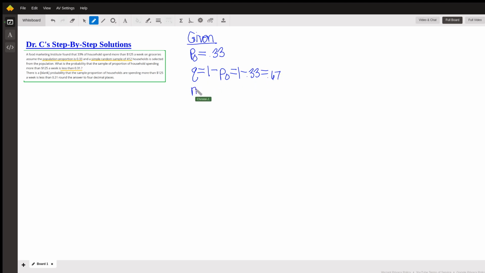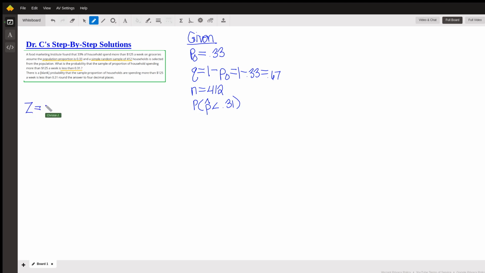Then we have a random sample of 412. And then we're trying to see the probability that P hat is less than 0.31.